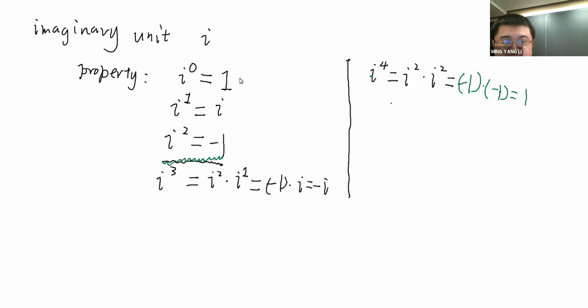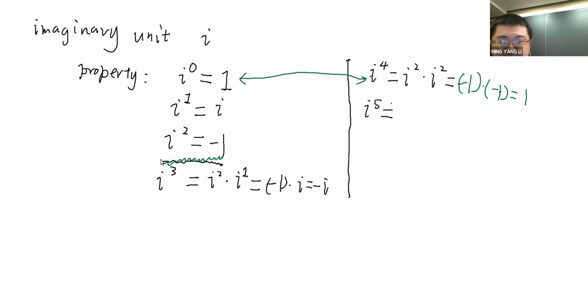And notice that I to the power of 4 equals 1, which is the same as I to the power of 0. So next, I to the power of 5.